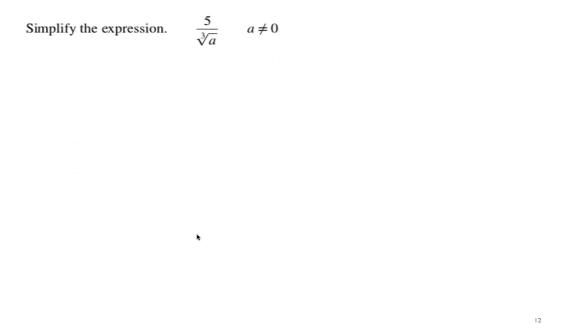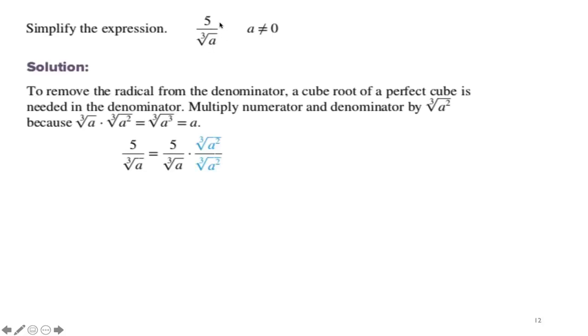So if I want to simplify this expression, notice that I have a radical at the denominator, and so I want to get rid of this radical. And so I need to figure out what to multiply by at the denominator so that the radical goes away. And I need to multiply both the bottom and the top by the same expression, so I don't change my expression.